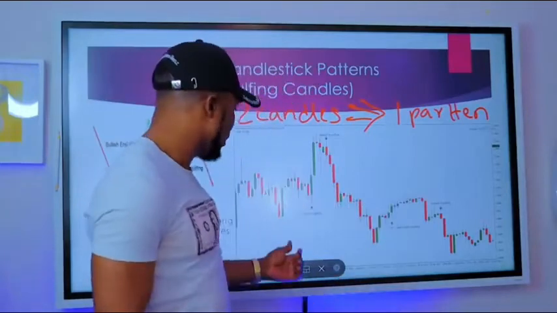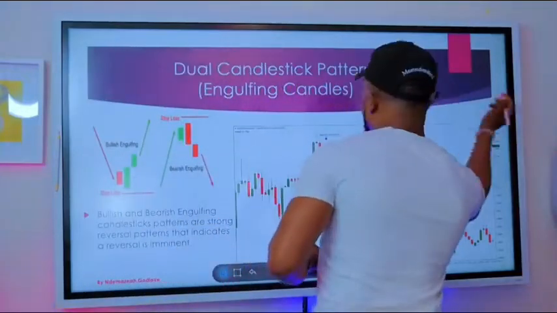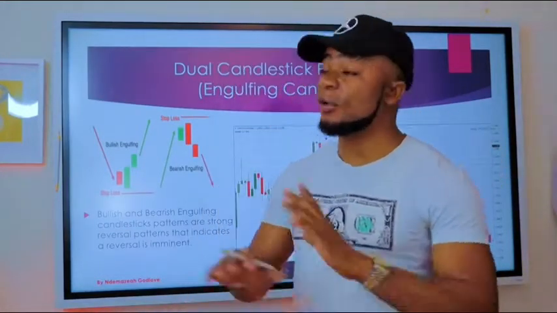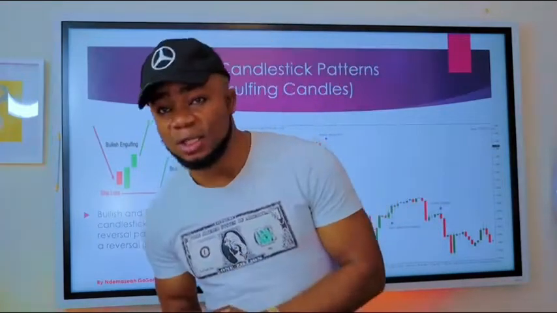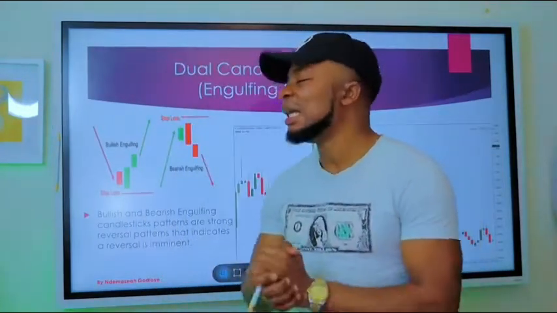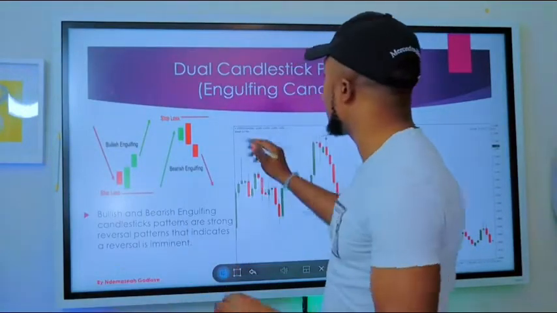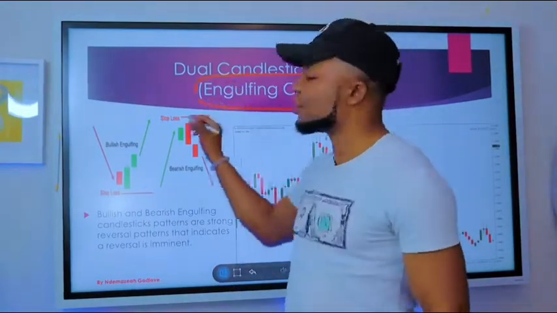All right. So now since you've already understood how a dual candlestick pattern is formed, let's start with the most used candlestick pattern in the forex industry. The most used double candlestick pattern is what they call engulfing candles.